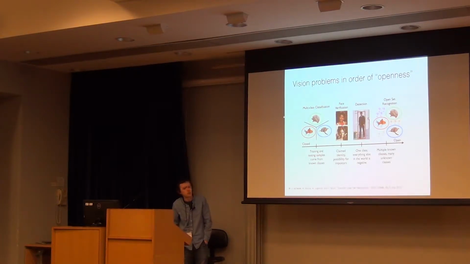Then we can move on to something like face verification. This isn't full-blown scene understanding, or it's a very targeted face recognition type of application, but it's a little bit more open because there is a possibility in authentication-driven face recognition where an imposter could sit down in front of the computer and say that they are me, right?